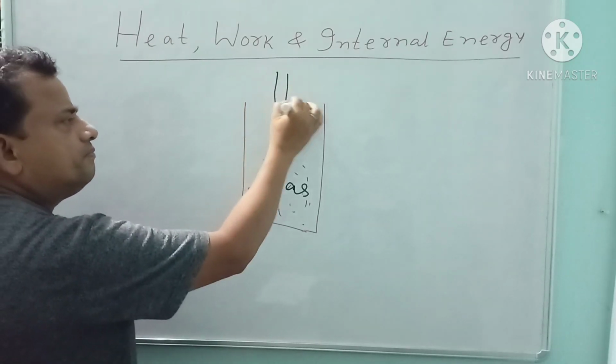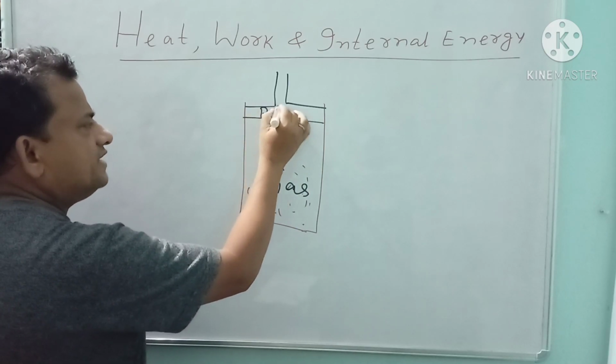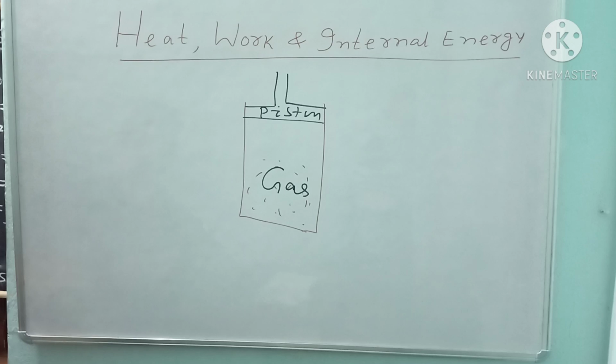Here is a piston. So this container or vessel contains gas as the system and a piston is connected.